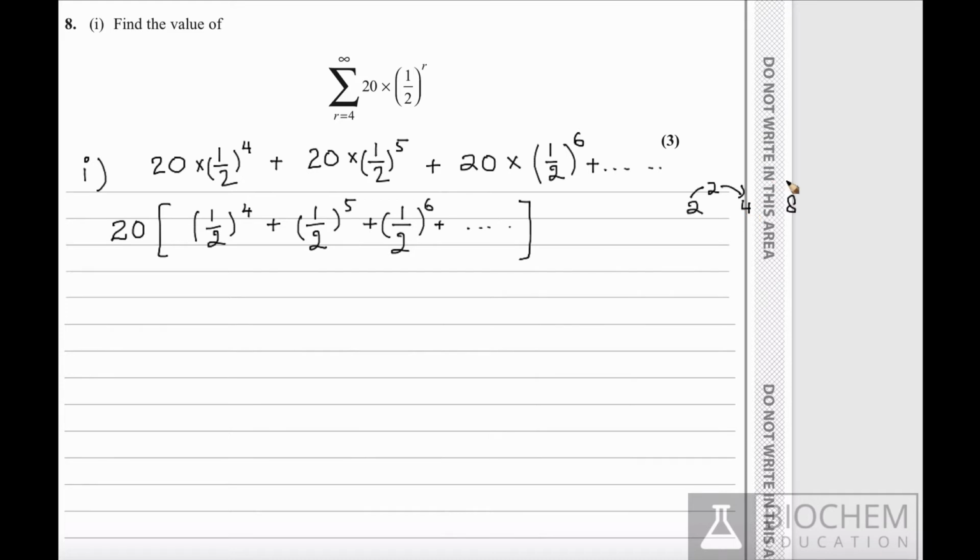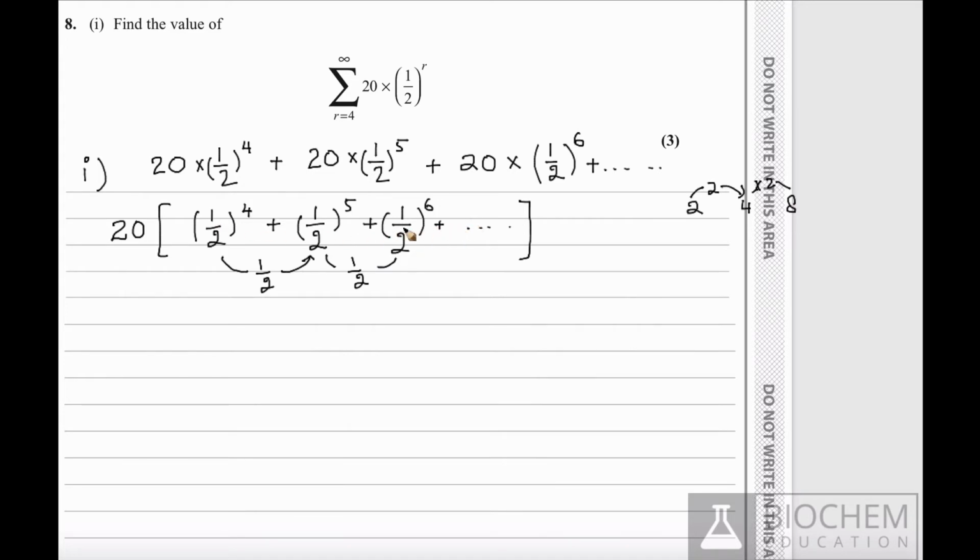And the second term you can multiply by the same number, which is 2, to get to the third term. So in this case, the number half to the power of 4 can be multiplied by half to get you to the second number. And the second number can be multiplied by half again to get you to the third number. Hence, the terms inside the brackets form a geometric sequence.